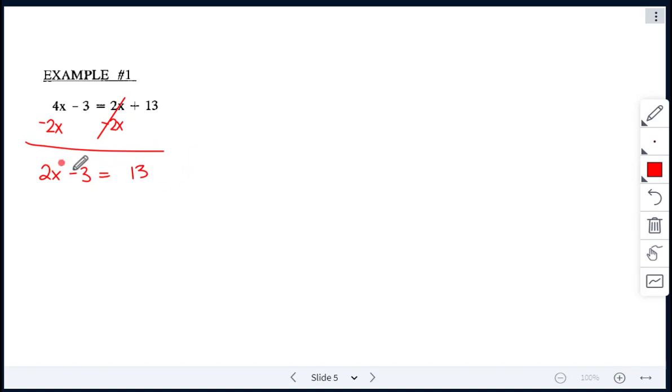So we have 2x minus 3 is equal to 13. Our next step now is to add 3 to both sides. Now we have 2x is equal to 13 plus 3, which is 16. And lastly, we're going to divide by 2 on both sides, which leaves me with x is equal to 8.